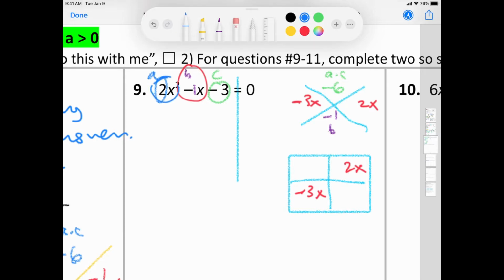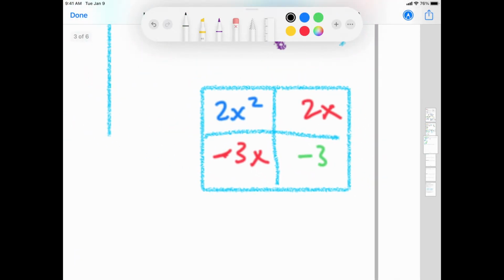This blue term here, 2x squared, and the c value, negative 3. What does the top row have in common? 2x. Bottom row has a negative 3 in common. Top column here has x in common, and then this one has a plus 2.